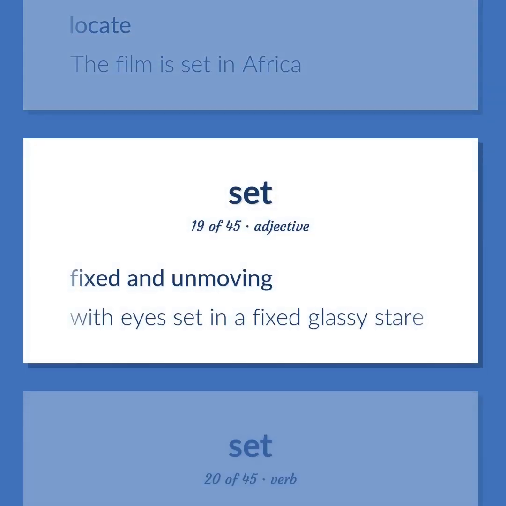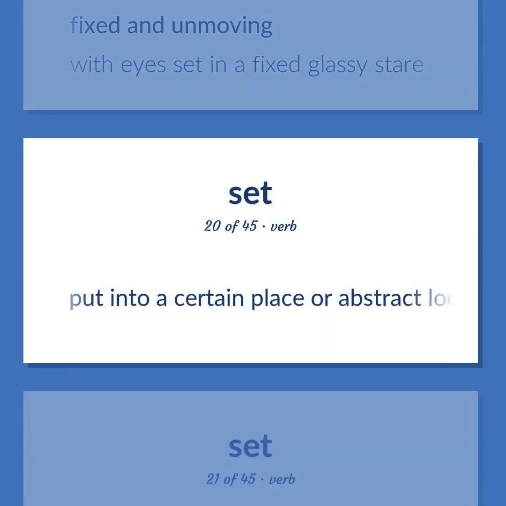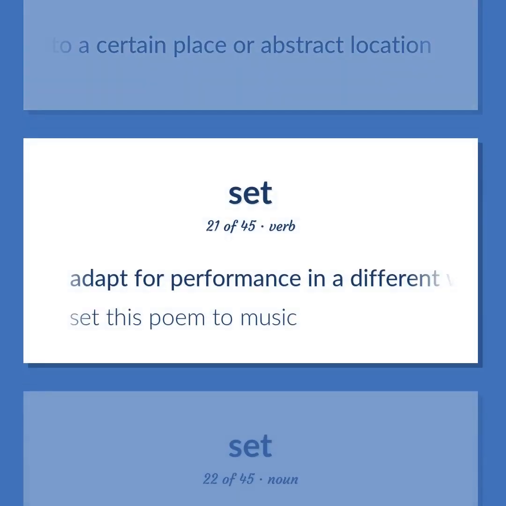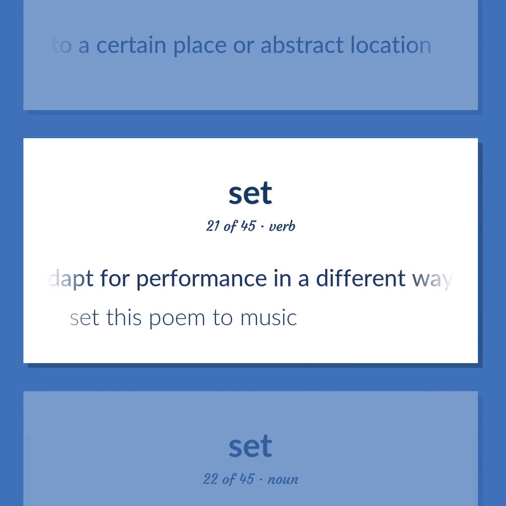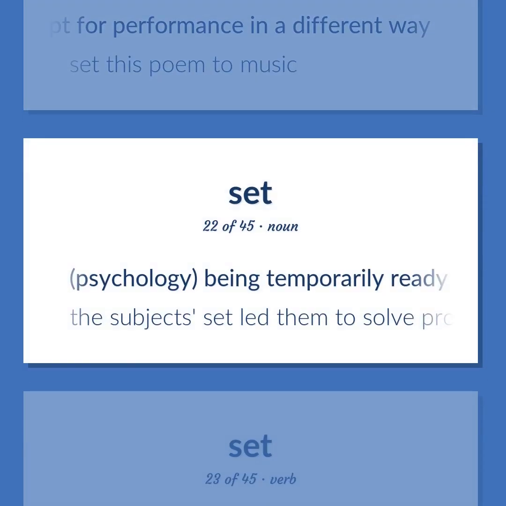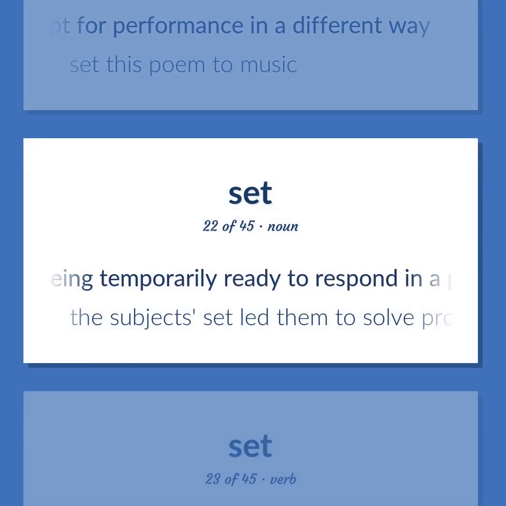Fixed and unmoving. With eyes set in a fixed glassy stare. Put into a certain place or abstract location. Adapt for performance in a different way. Set this poem to music. Psychology, being temporarily ready to respond in a particular way.